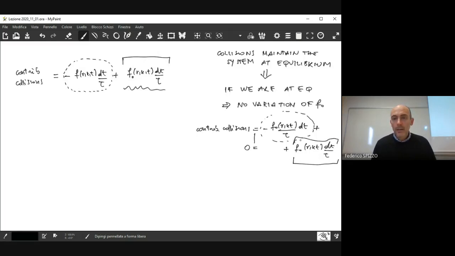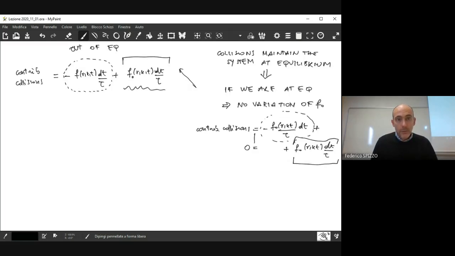So both in the equilibrium configuration, where we had to use that term to keep things to 0, and also in this new configuration where we are out of equilibrium. And we may use here the equilibrium function by remembering the fact that the collisions erase any effect of the external forces. So to estimate the contribution of collisions, we may refer again, also in this case, to the equilibrium distribution function and not to the out of equilibrium distribution function.